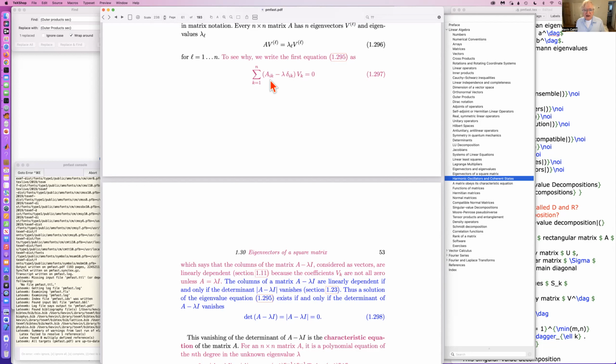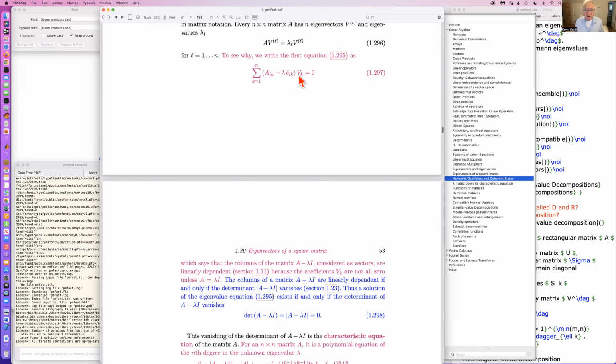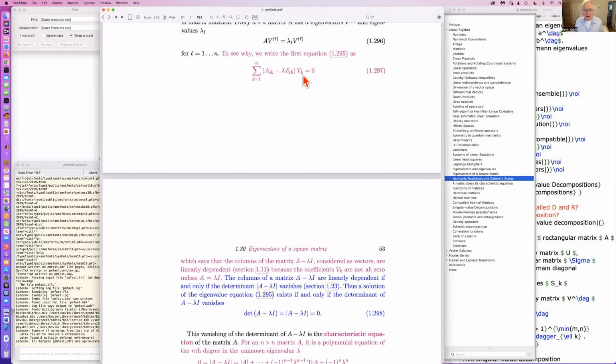Consequently, the columns of the matrix, considered as vectors, are linearly independent.